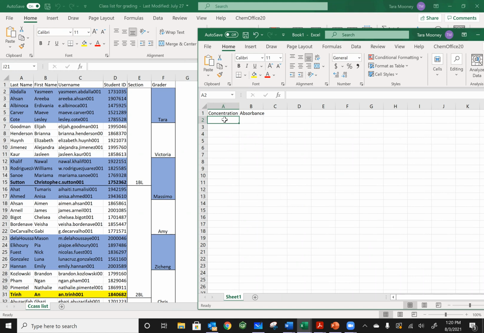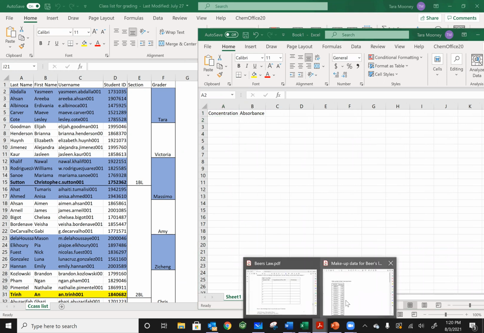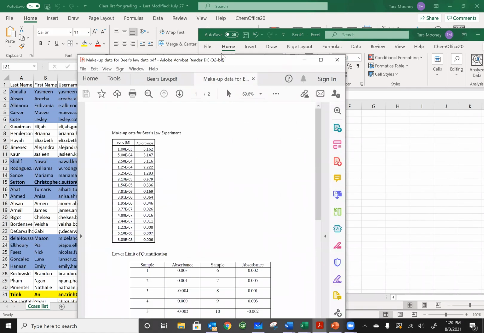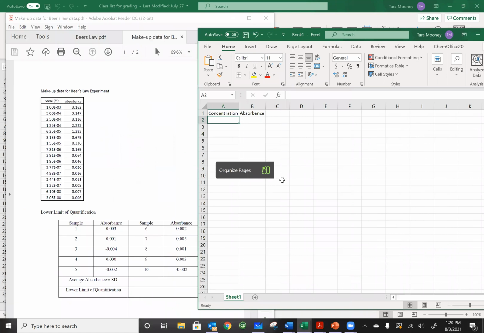In Excel, when you are plotting data, the column on the left is usually going to be the x-axis and the column on the right will be the y-axis. So let's go ahead and copy in that data to Excel, and I can show you how to make the plot.